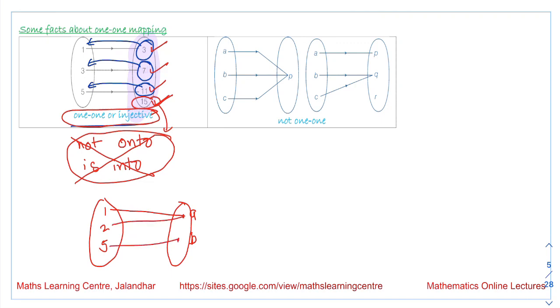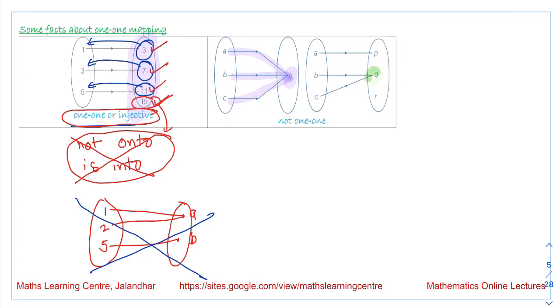So this function is not a 1-1 function. This is explained in our next figure. Here P has pre-image A, pre-image B, and pre-image C.